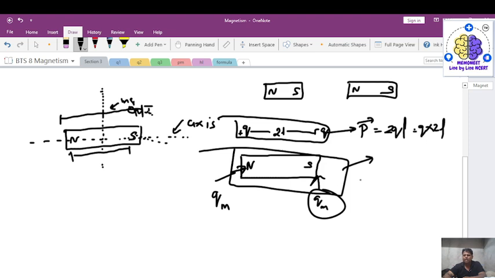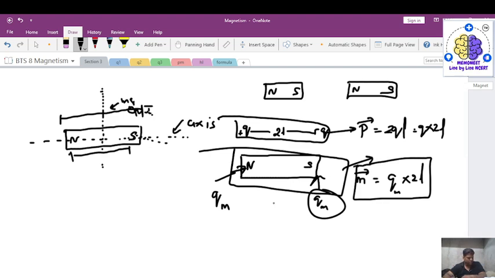In the same manner, the magnetic dipole moment is given by M vector, which equals Qm into 2L. This is the magnetic dipole moment.